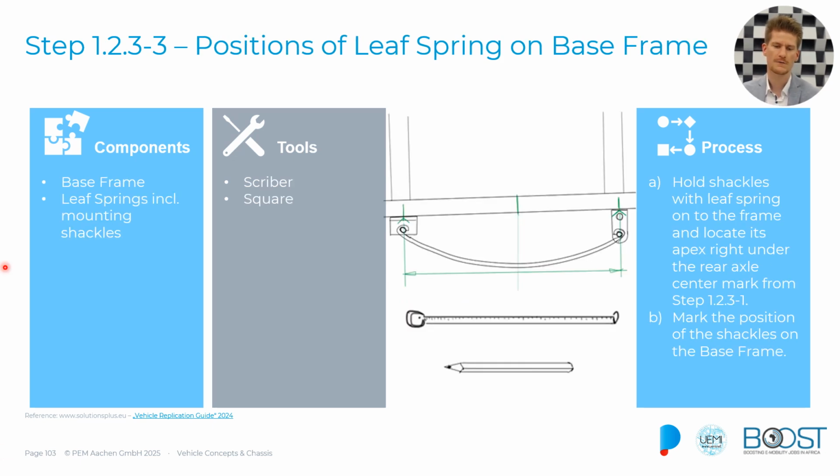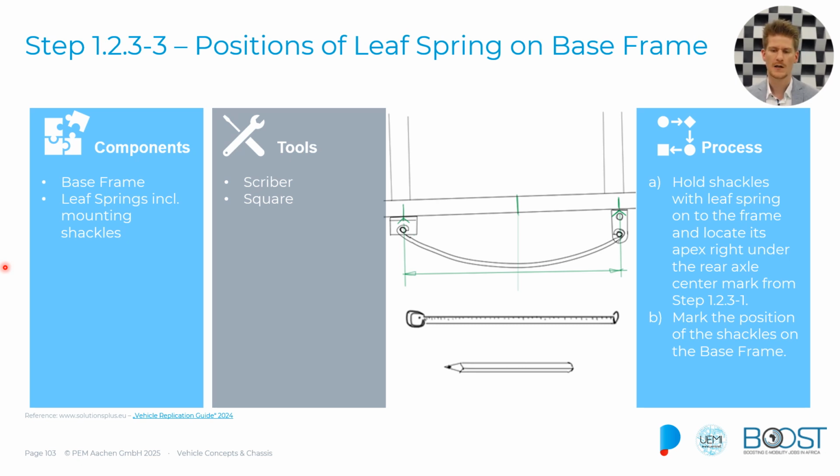Now, the position of the leaf spring on the base frame is very important. Make sure that the minimum or the lowest point of the leaf spring is right underneath the point that has been marked on the base frame for the wheelbase. So again, use a scriber for that.